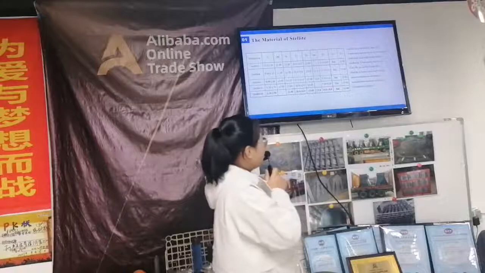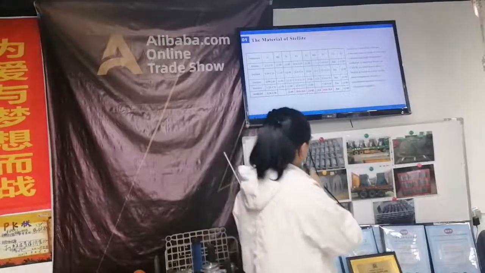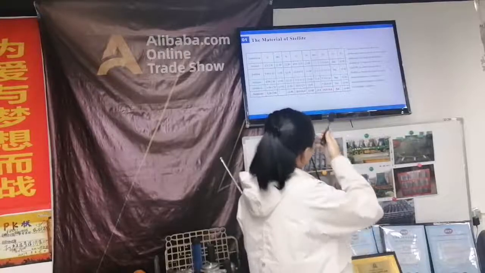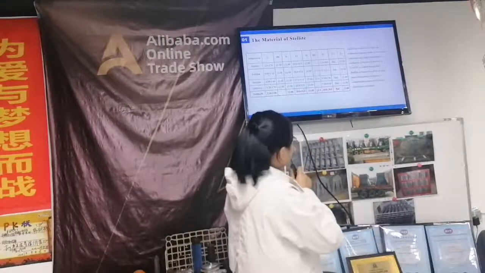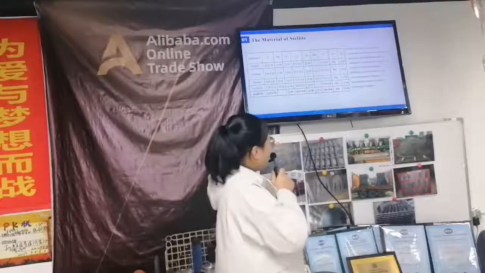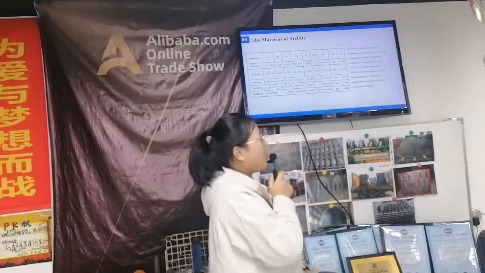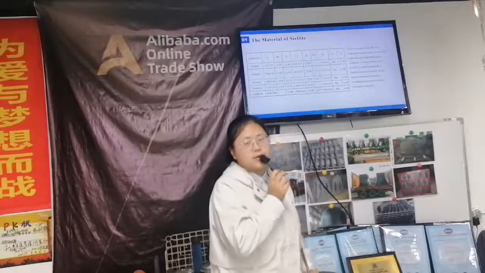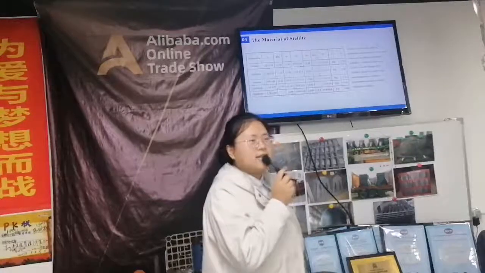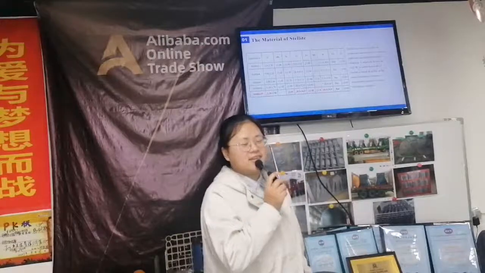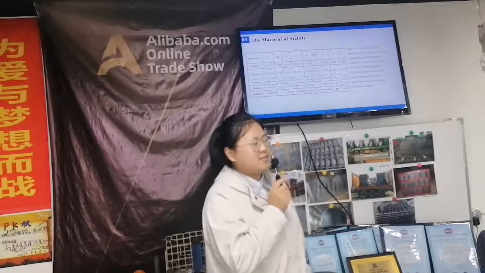For nickel is less than 3.0%. For tungsten is 3.5 to 5.5%. For iron is less than 3.0%, and the cobalt is balanced.